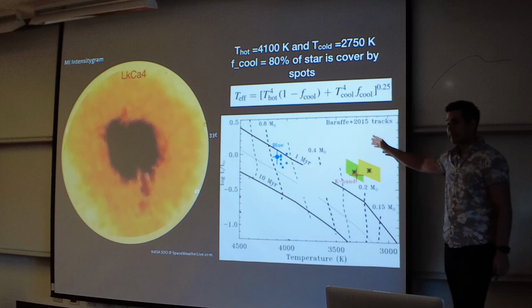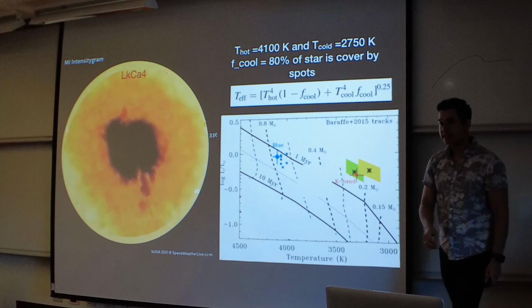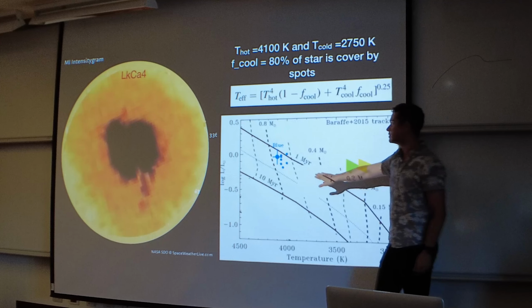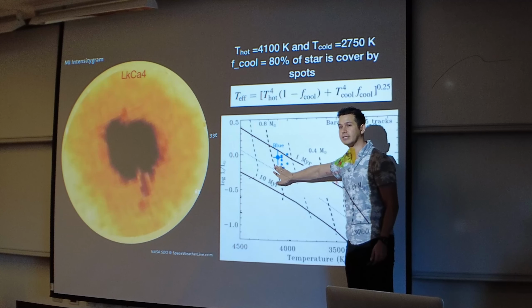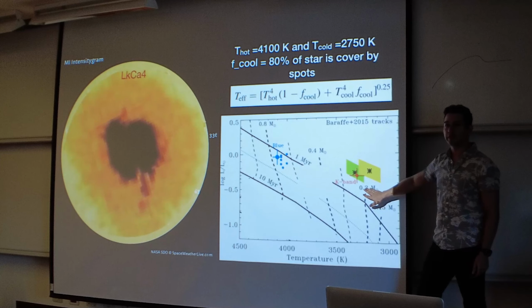And for this star in particular, with an 80% coverage, this will mean that the effective temperature of the star is going to be very close to what we measured in the K-band. So for decades, we thought this star was a 0.8 solar mass star. Now we know it's closer to a 0.2 solar mass star.